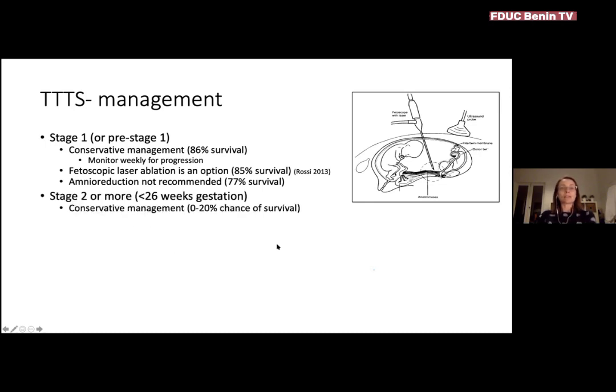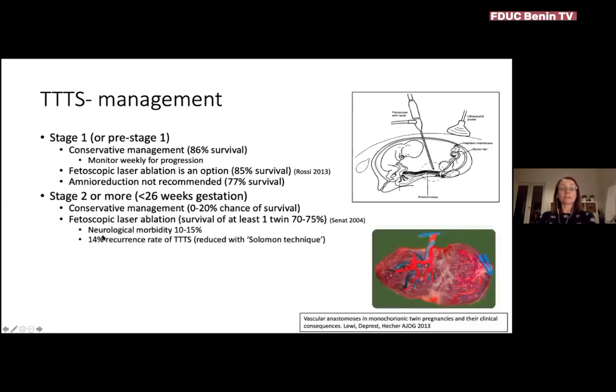And then with stage 2 or more, conservative management leads to a very poor chance of survival, because the most common scenario is that these would progress through the stages. So the recommended treatment is fetoscopic laser ablation, and that leads to survival of at least one twin of 70 to 75%, with a risk of neurological morbidity in that surviving twin.